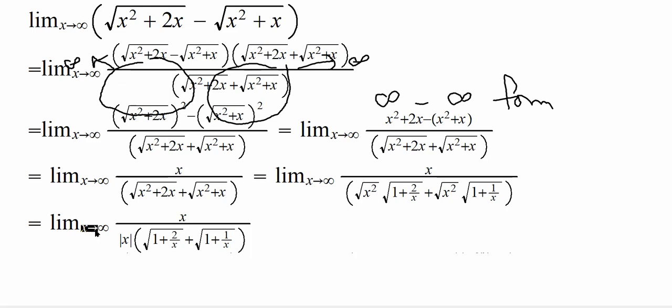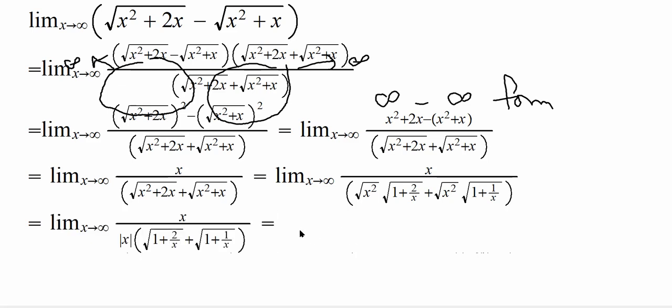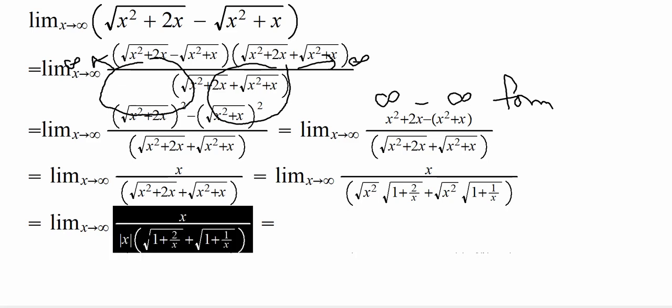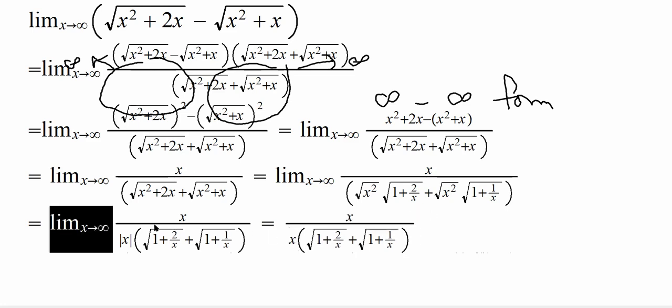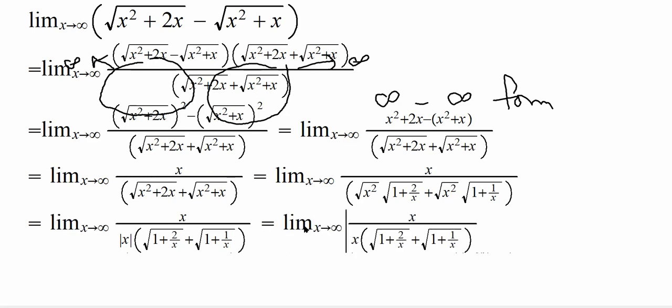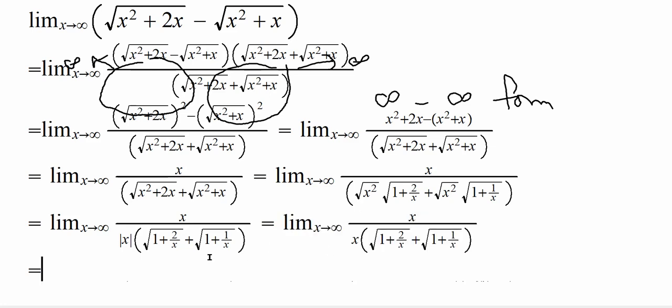Now since x is going to positive infinity, so what will happen? X can be treated as a positive quantity, so we have simply x over here and they cancel, right? I forgot writing the limits here. So x and x will cancel.